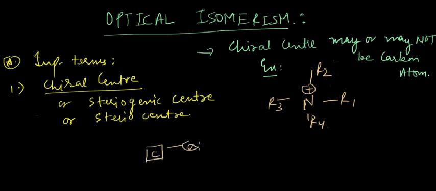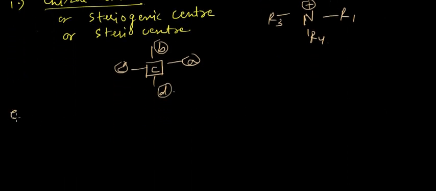This is the chiral center. Now the groups attached to it would be A, B, C, D. Make it C dash. I'm writing some examples, and you have to identify whether the given atom is a chiral center or not. Is it a chiral center?